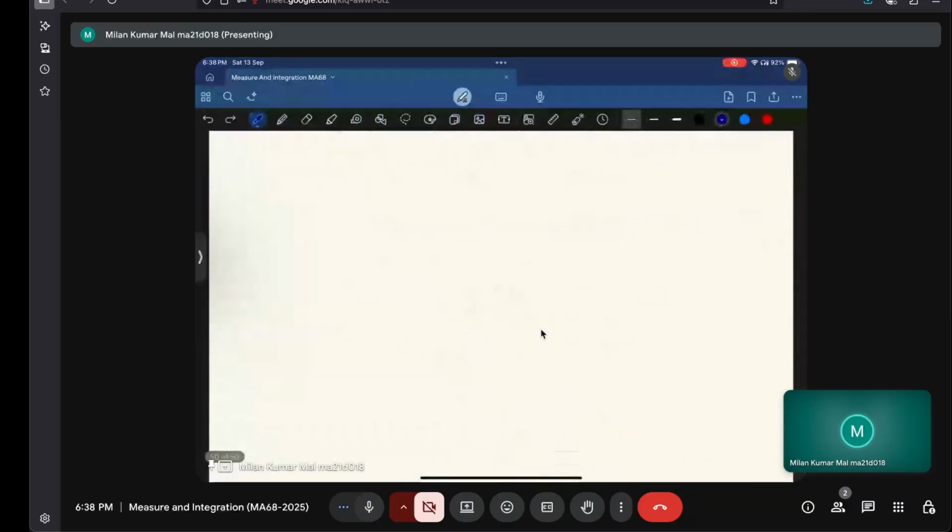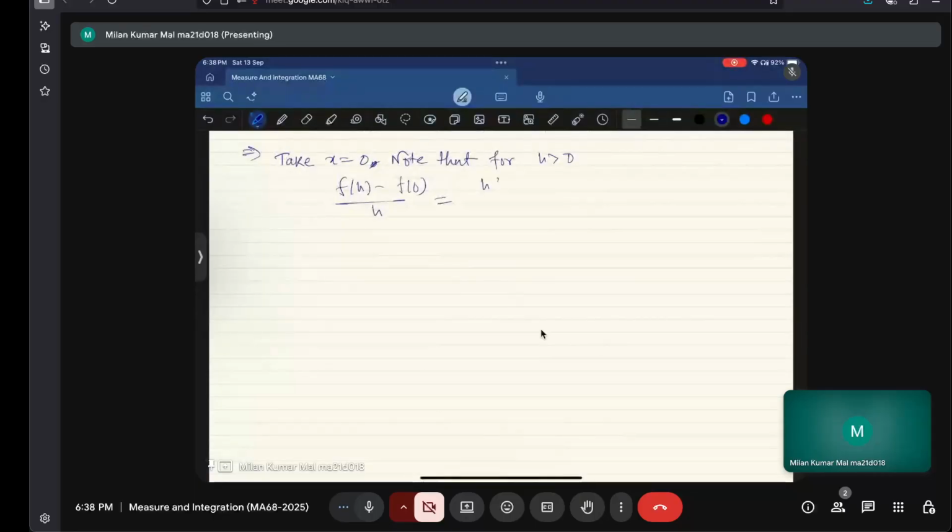So that is h sin 1 by h minus f of 0, which is 0, by h, which equals sin 1 by h.